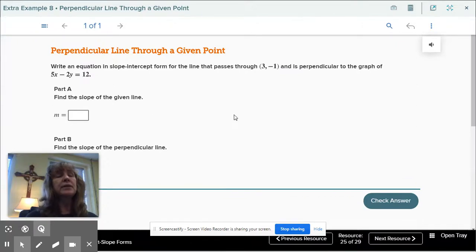They want to know what is the perpendicular line through 3 and -1 given whatever this slope is. Of course, this is in standard form, so you need to convert standard form to slope-intercept form. I want you to pause the video and see if you can calculate how to do standard form to slope-intercept form.